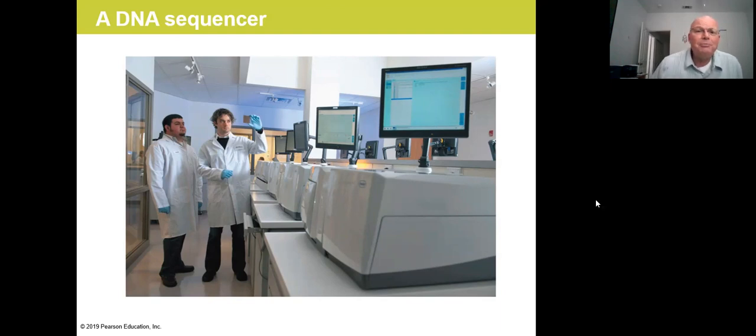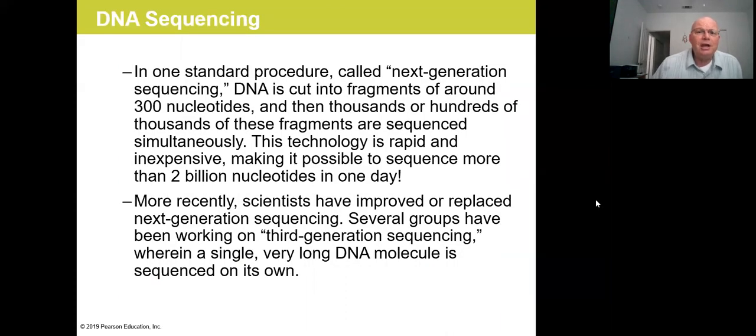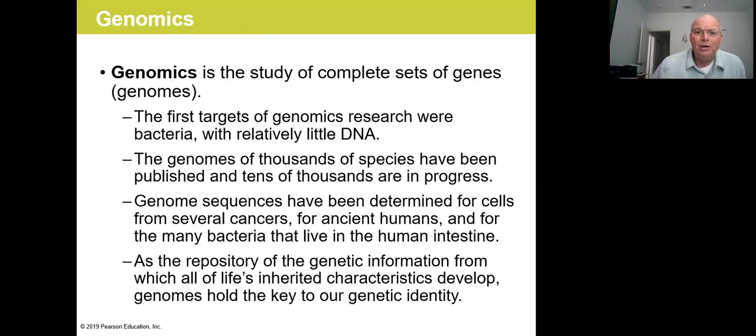Where did these machines come from? Well, these machines came from the drive to sequence the human genome. Now, the idea of sequencing the human genome first emerged back in the 1970s. People started talking about it.